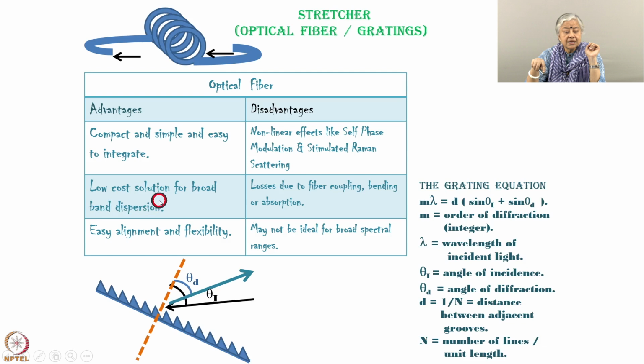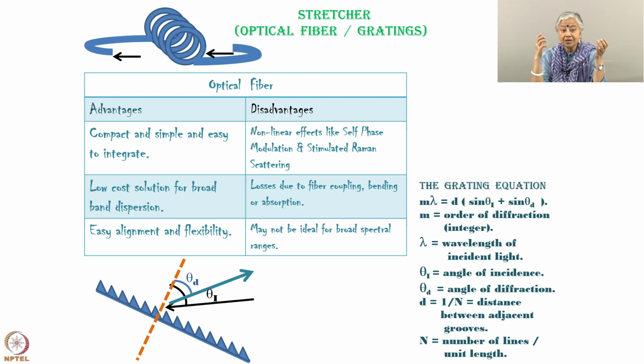So, what I need is all those wavelengths, all those frequencies can pass through this. It allows all the frequencies to pass through without attenuation, but giving the dispersion that I require. So, the moment the frequencies pass through any material, here it turns out to be the fiber, it will give you a positive group velocity dispersion.